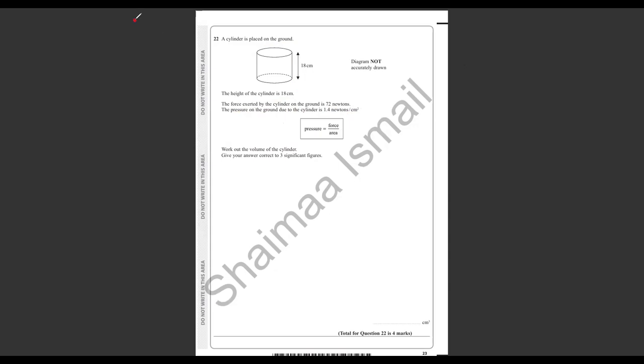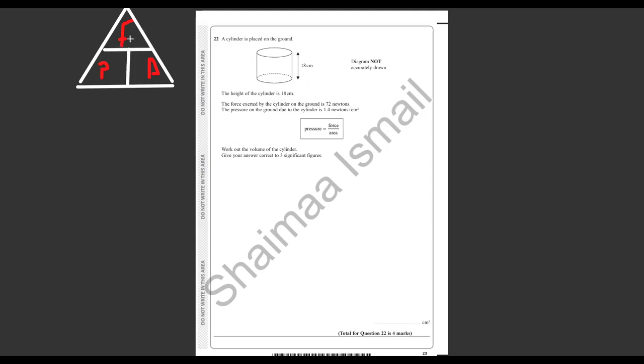the force is equal to the pressure multiplied by the area, and we abbreviate it by enclosing it in a triangle like this. From this triangle we can calculate the force, the pressure, or the area.